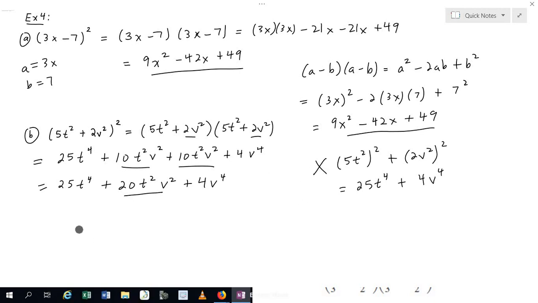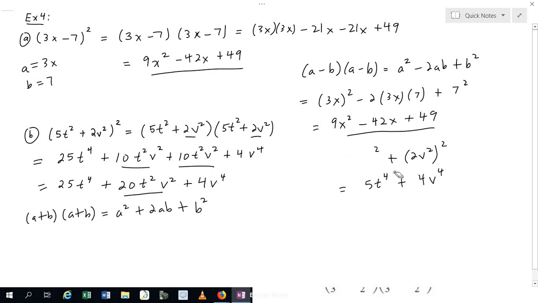Okay, and then if you wanted to use the formula, so a plus b times a plus b is a squared plus 2ab plus b squared. Now in this case, a is 5t squared, and b is 2v squared. And then you could just plug these in.